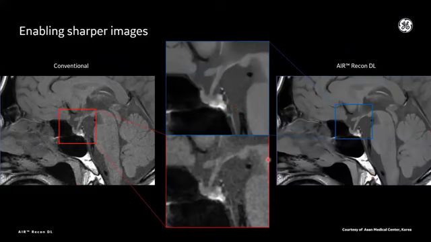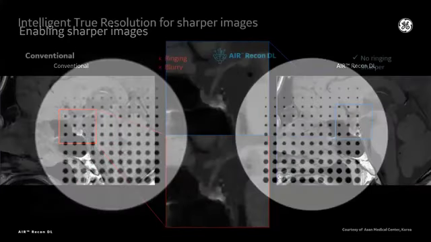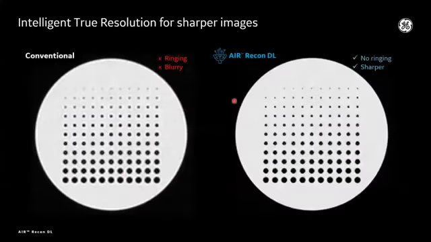What we see immediately from this example is these structures, this pituitary, even though they appear at different noise levels, I think one of the more driving elements of this image is that the AIR Recon DL image just appears sharper. The structures are more pronounced, the edges are more pronounced. And so let's talk about how that happens.